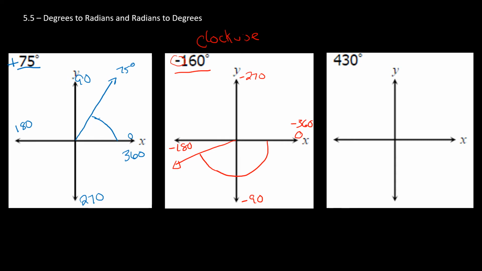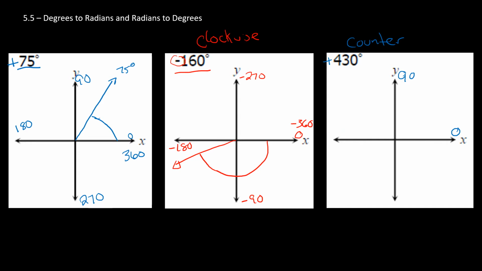And we've got 430 degrees. More importantly, a positive 430 degrees, so we know this will be counterclockwise. Well, I'm going to label my angles here at 0, at 90, at 270. Oh, I did it again.